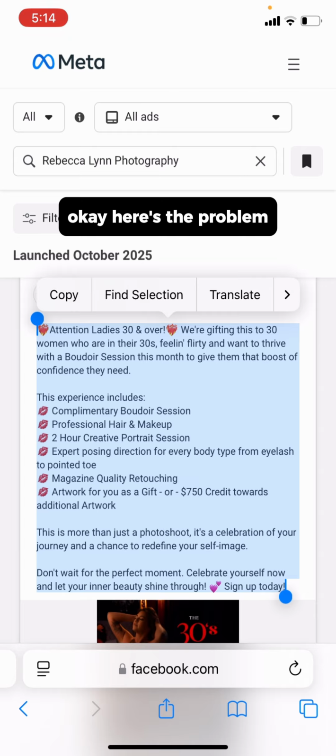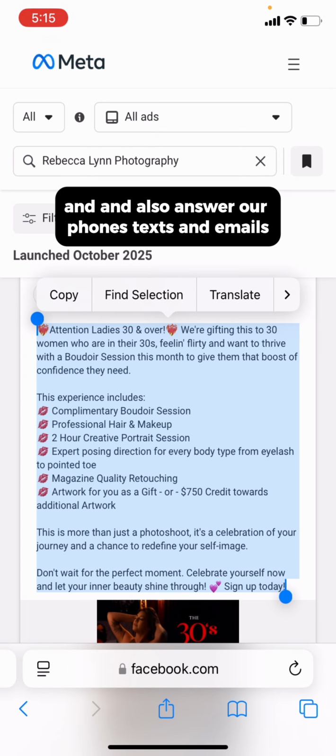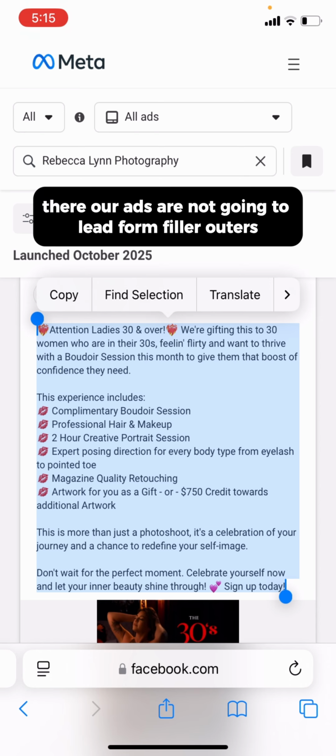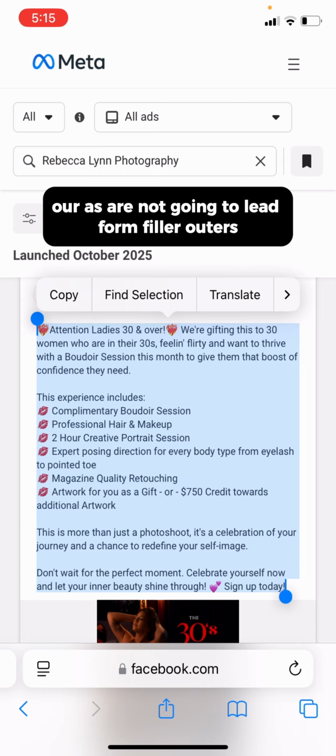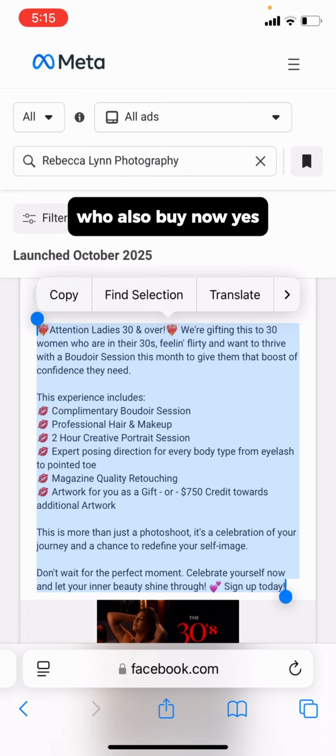Okay, here's the problem. They're not going to Meta profiles that fill out lead forms and also answer our phones, texts, and emails. Our ads are not going to lead form fillers who also book a call, show up to the call. And especially our ads are not going to lead form fillers who also buy.